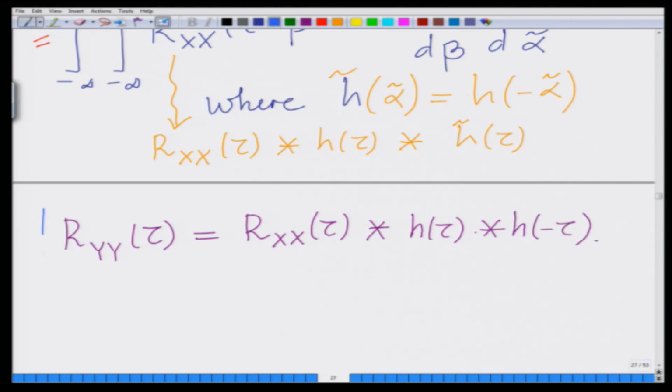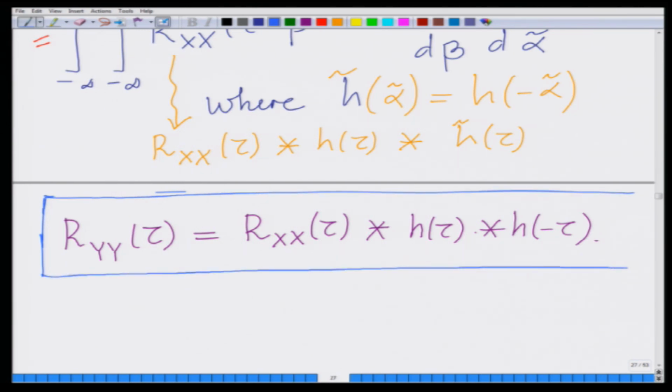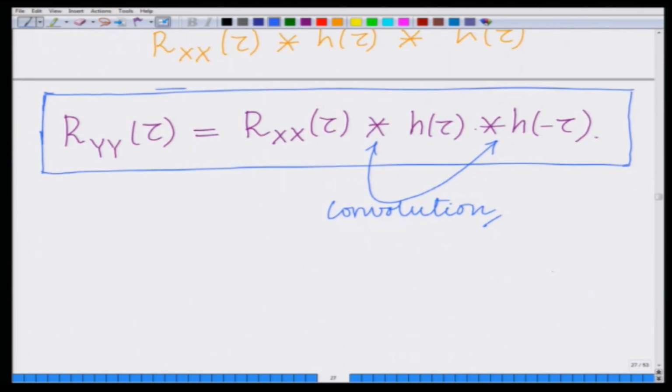This is the relation I have, not exactly the time domain but the domain of tau, that is a convolution in the tau domain. These are your basic convolution operators. So, I have r_yy of tau equals r_xx of tau convolved with h of tau convolved with h of minus tau.